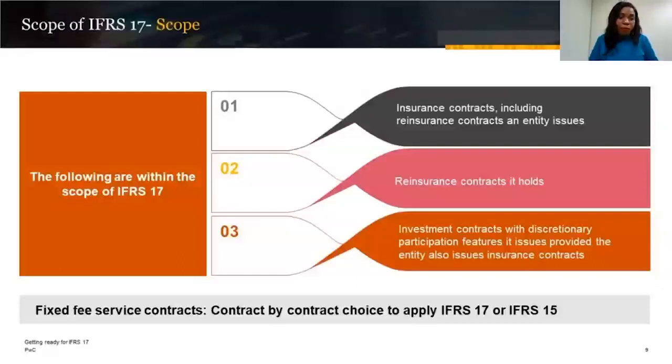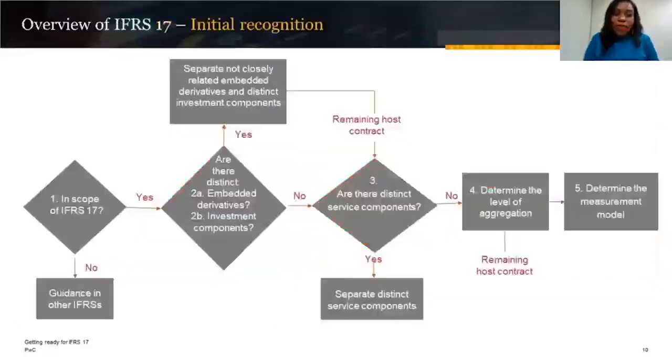So in applying IFRS 17, you need to first look at your contract to determine if there are other elements embedded within that contract that need to be separated, and then you isolate just the portion that is subject to core insurance risk. So this is a high-level flowchart that you consider.